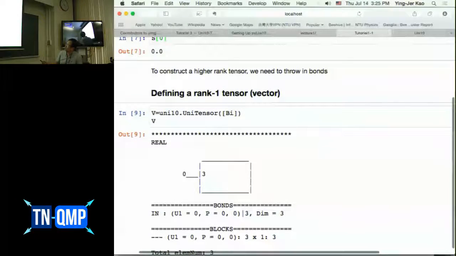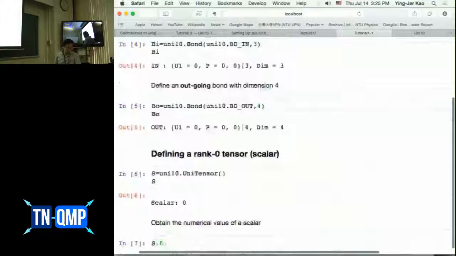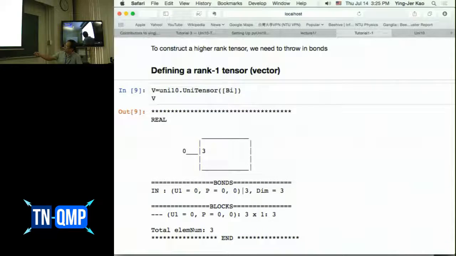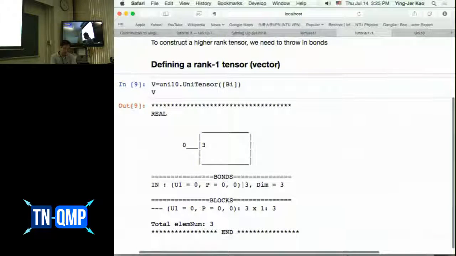So to define a rank 1 tensor, there's only one bound, so I supply a list of only one bound. This is a tensor with a list with a single bound, and this bound has 3 states, these 3 charge 0 states.